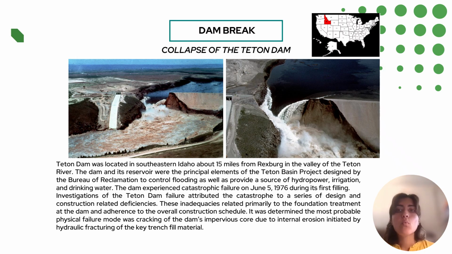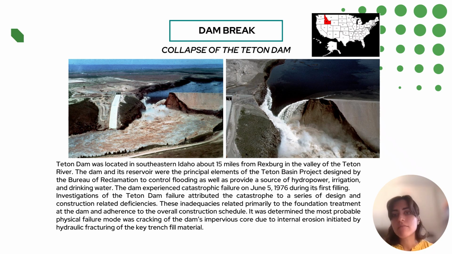The Teton Dam was part of the Teton Basin project, designed to provide irrigation, flood control, hydropower and drinking water. However, during its very first filling, the dam experienced a catastrophic failure. Within hours, the structure was breached, releasing massive amounts of water and causing widespread flooding downstream.